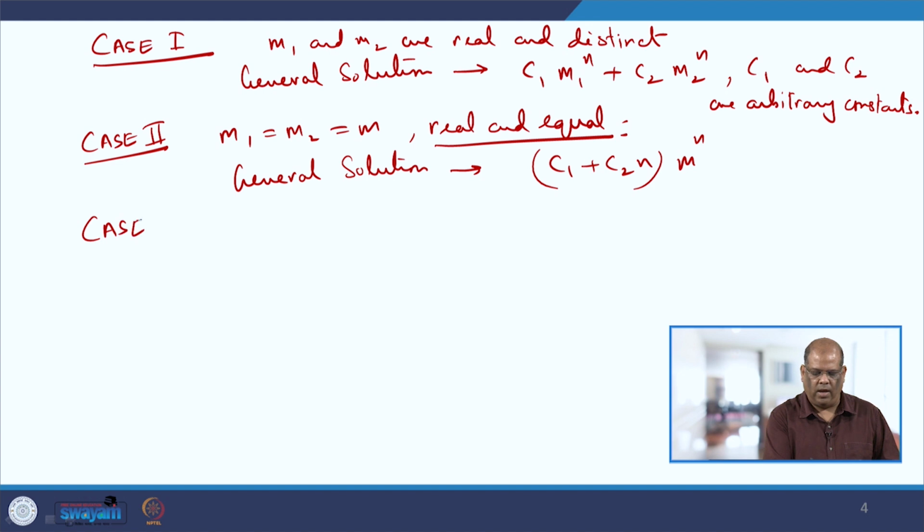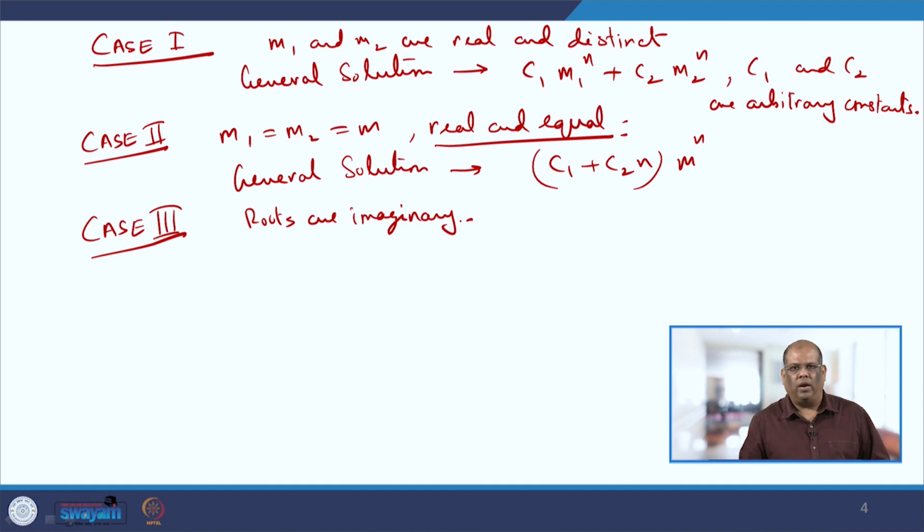And finally, case 3, where the roots are imaginary. Since it is a quadratic equation, it will have 2 roots, and if the roots are imaginary, they will appear in conjugate pairs.